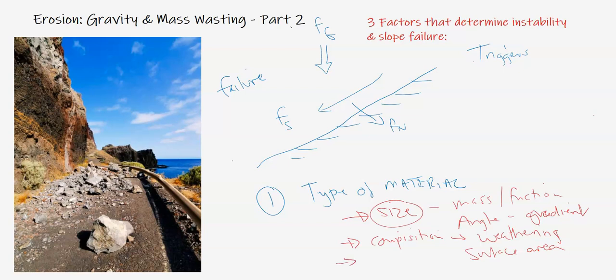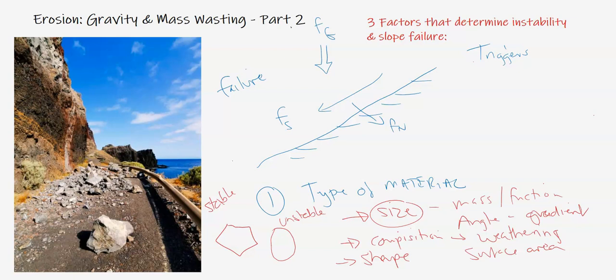The next one is going to be the shape. So the shape would be either an angular rock or more of a rounded, smoother rock. The angular rock actually would be more stable in most situations, whereas the more rounded, smoother rock would be unstable, with an increased chance of failure.